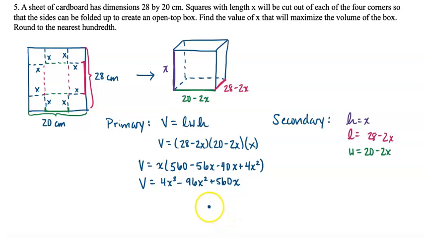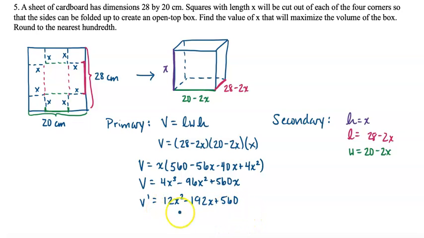All right. Now, because I've just got three different terms that I can use the power rule with, let's take that derivative. We get that the derivative of the volume, just using the power rule, is going to be 12x squared minus 192x plus 560.